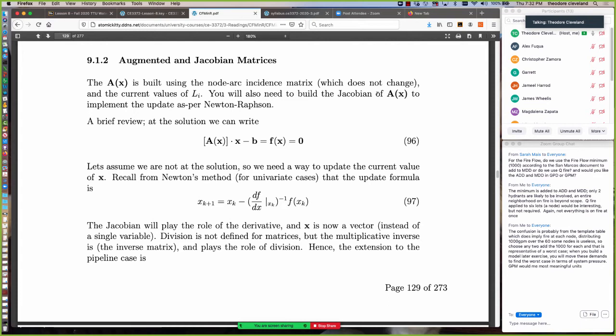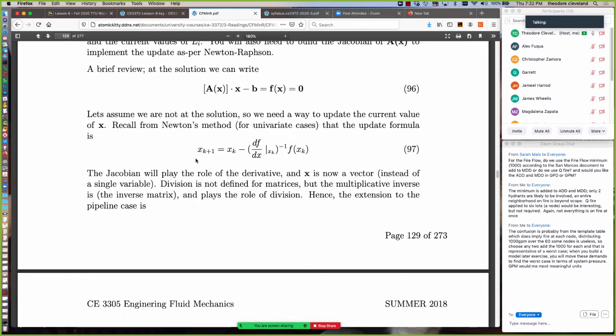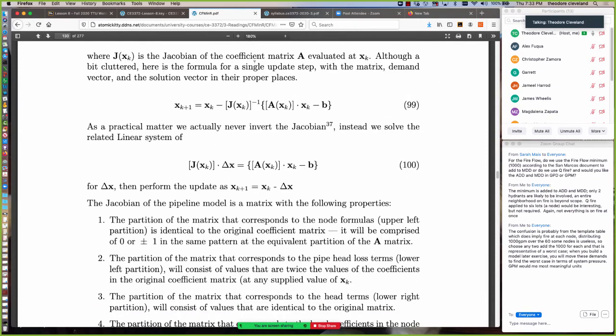That is not as difficult as it sounds, because it turns out that in network models, the Jacobian of A is almost identical to A. It differs by a factor of 2 in only one partition, one quadrant, if you will, of the matrix. And that's predictable, so we can put that logic into any computer program that's going to do these calculations for us.